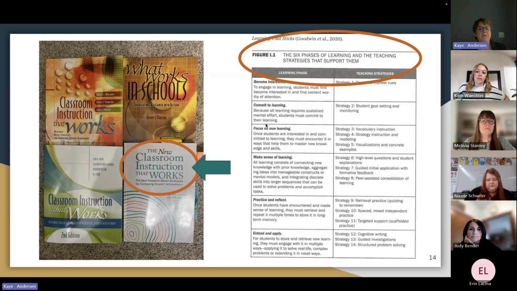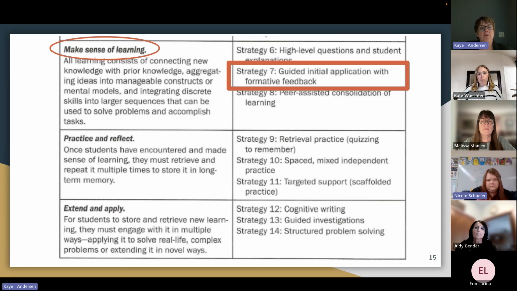We looked at the classroom instruction that works within the last module, but then we were looking at that explicit instruction and modeling portion. Today, we're going to look down to the next phase. The students need to make sense of learning. And during that phase, we connect it to new knowledge. We bring manageable constraints to it.